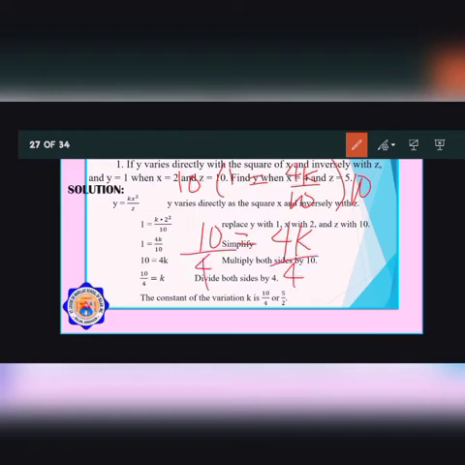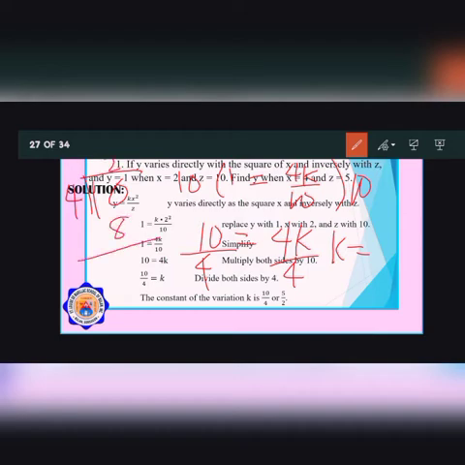So, 4 divided by 4 is equal to 1 times k, that is k, is equal to 10 divided by 4. Pag decimal ito ha. 10 divided by 4 is equal to 2. Then, 2 times 4 is 8.